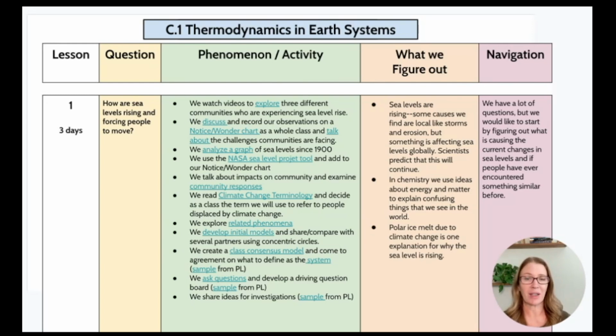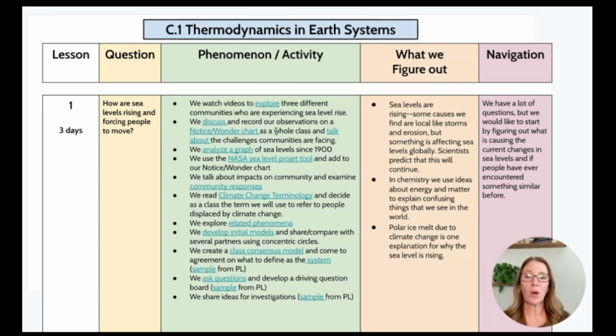These first 2 lessons are both considered anchoring phenomena, so you want to really spend the time developing students' curiosity, eliciting student questions and motivating the need for the entire unit. So if you're going to trim anywhere, let it be later in the unit, not here at the start, because everything connects back to this starting anchoring phenomenon.